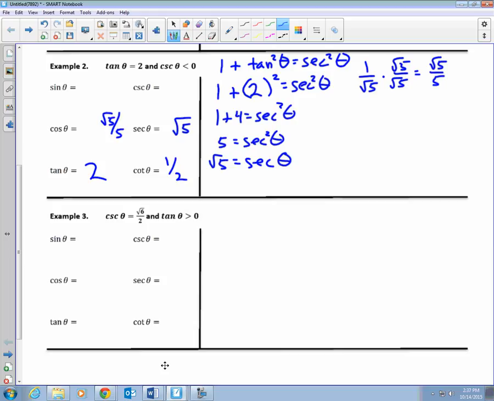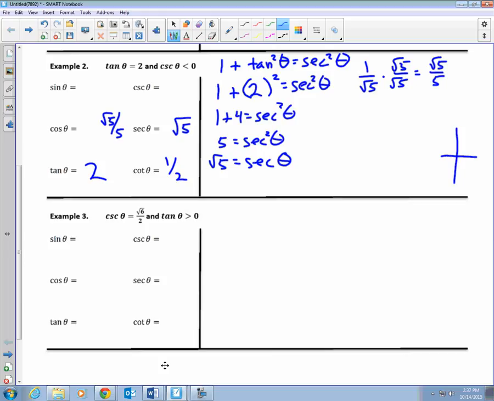Question here, folks, is it positive or negative? Tell me, which quadrant am I working in? Okay, tangent is positive. So therefore, I either have to be working in the first quadrant or the third quadrant. Well, it says cosecant is less than 0. What does it mean to be less than 0? Negative.